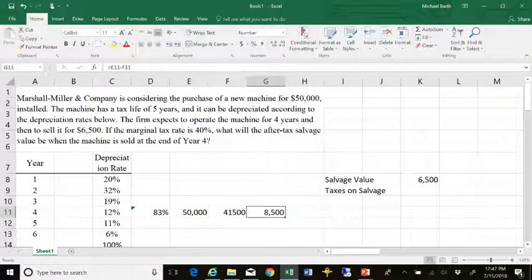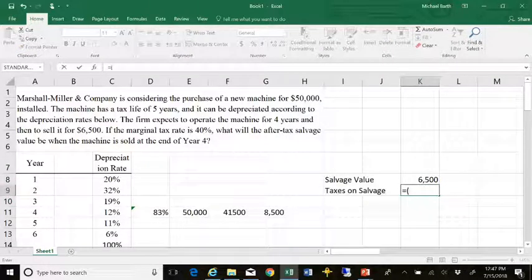If you sell something for $6,500, which you're carrying on your balance sheet at $8,500, you're selling it at a loss. So essentially, the company takes a loss of an additional $2,000 of value. They get to take a tax refund of that loss of value.